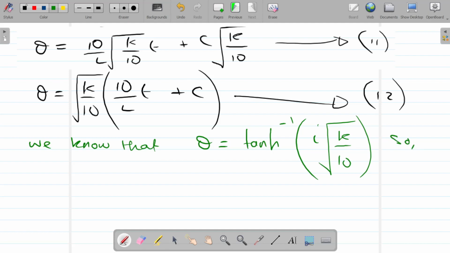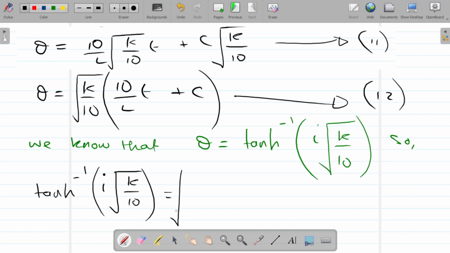So we have, we'll write this in black, tanh, I should say the inverse hyperbolic tangent of I root k over 10, and that's equal to the root of k over 10 times, in brackets, 10 over L times t plus c.